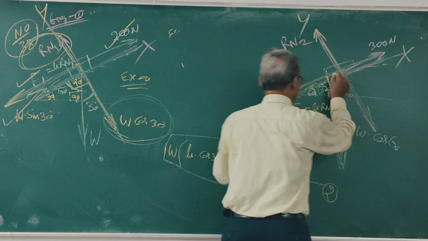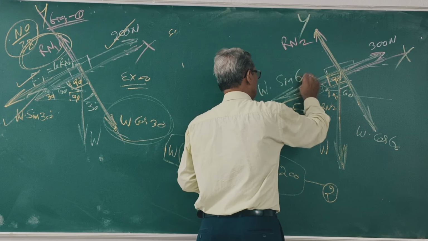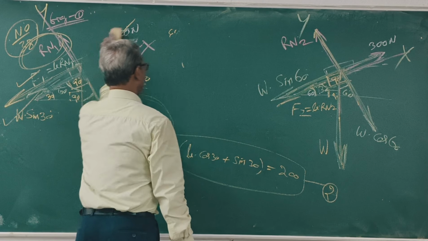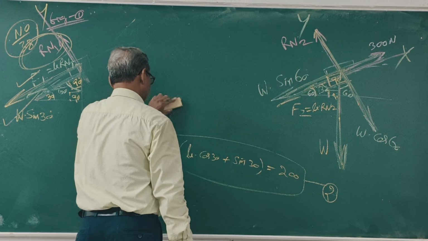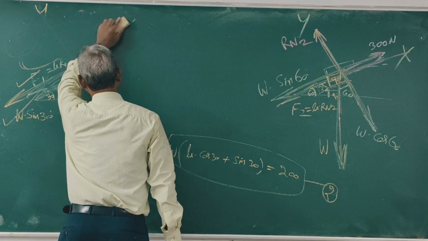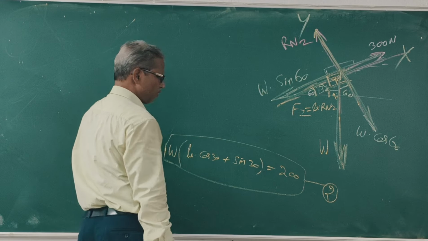This is W sin 60. Clear? Now, we may calculate by taking sigma x and sigma y. Clear?